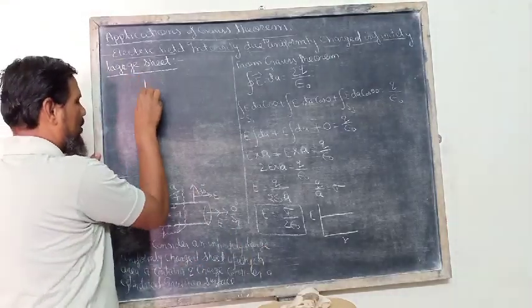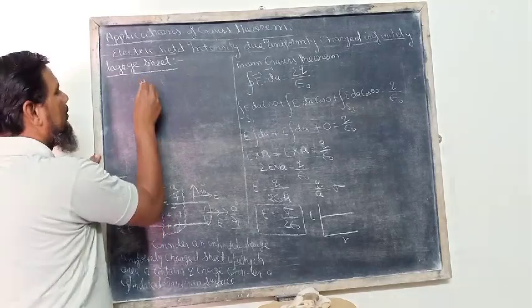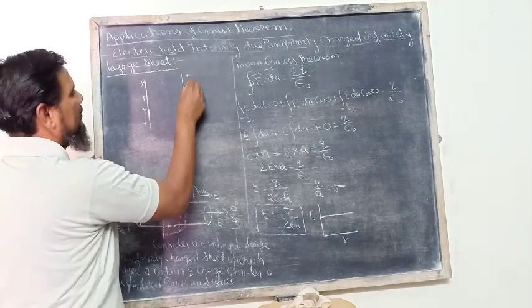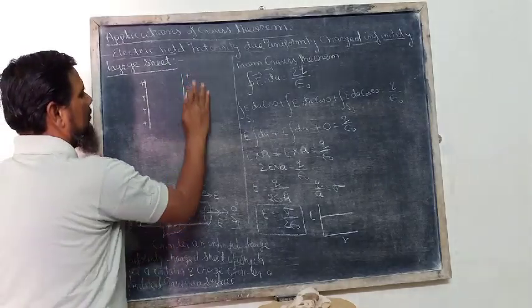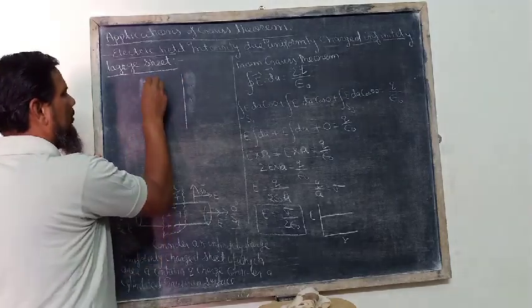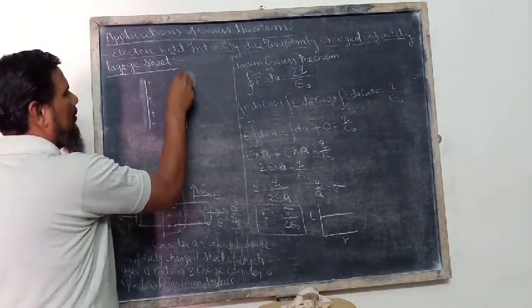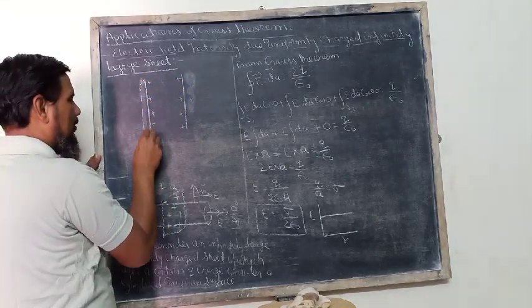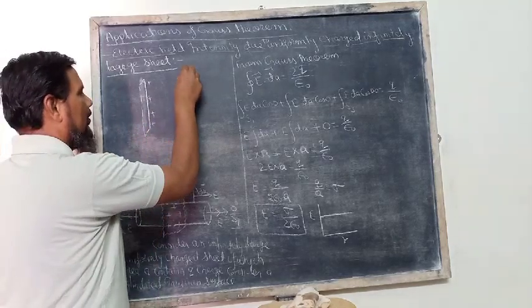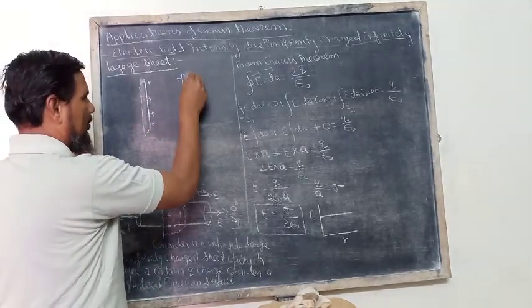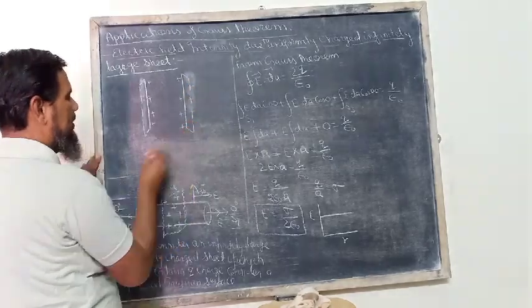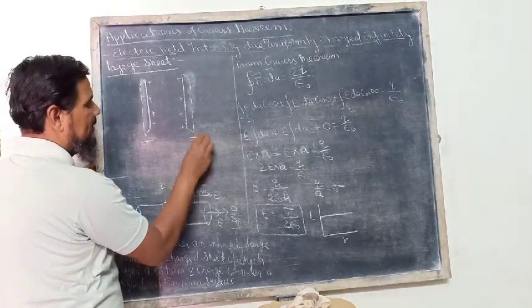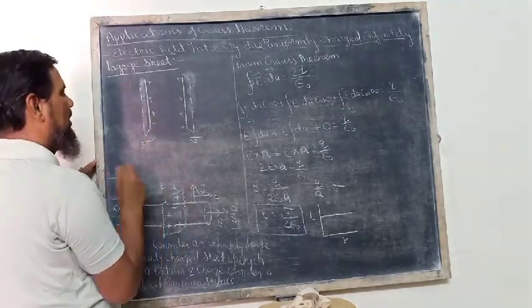If both sheets are positively charged, these are the two sheets, and we consider the surface charge densities are equal, both are positive.